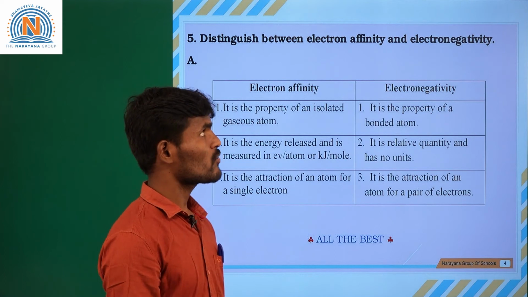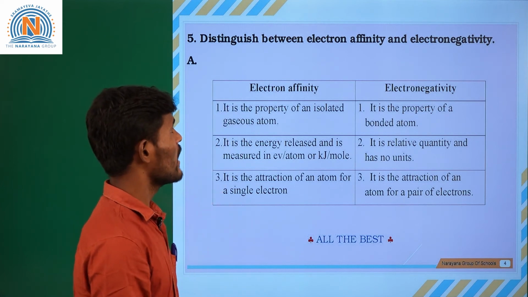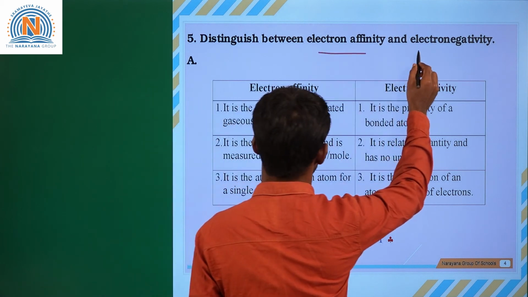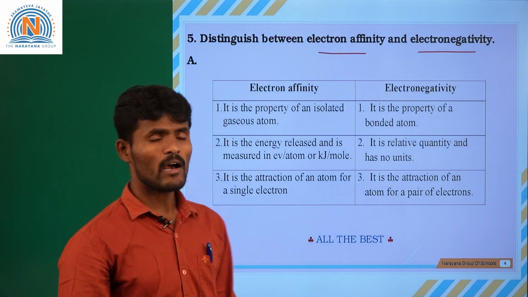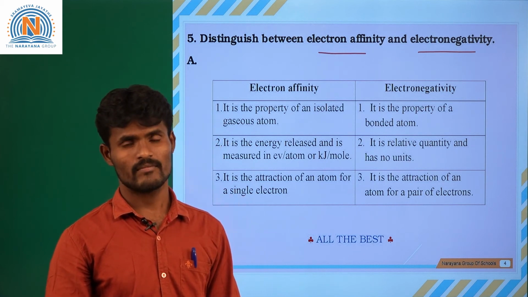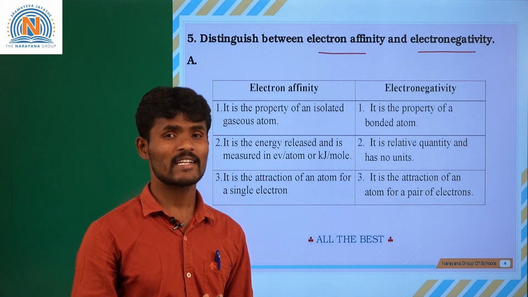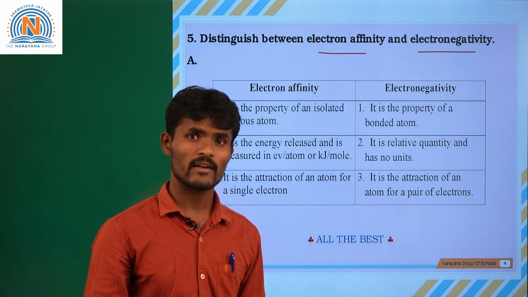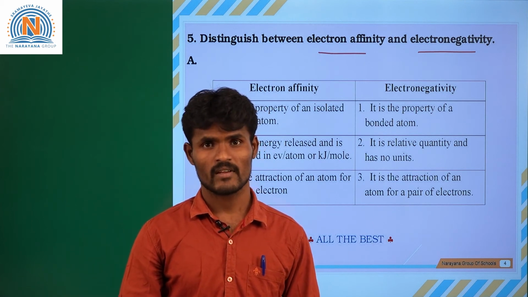Distinguish between electron affinity and electronegativity. Electron affinity is the property of an isolated neutral gaseous atom, whereas electronegativity is about the bonded atom.